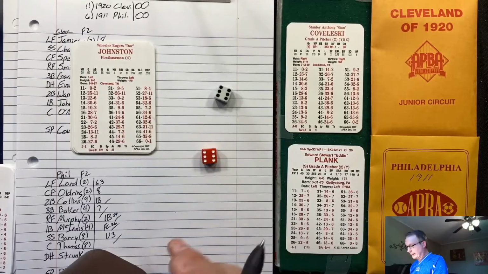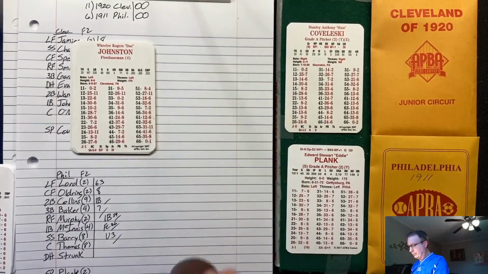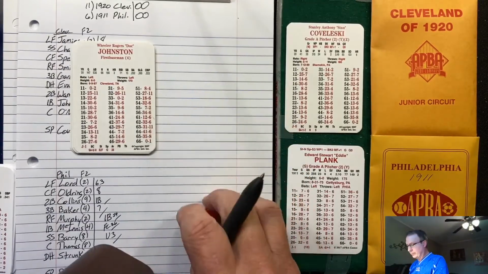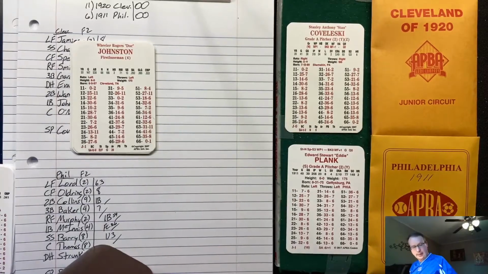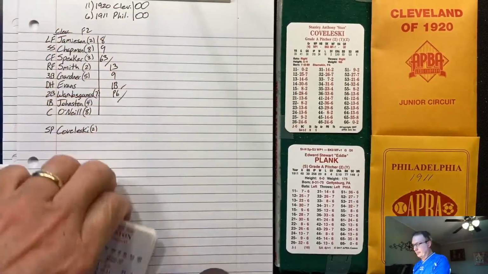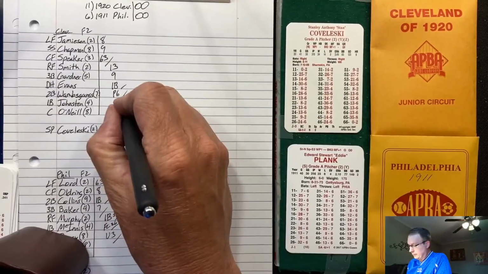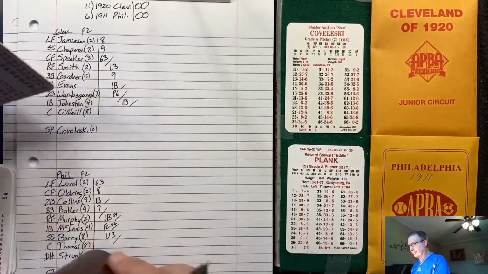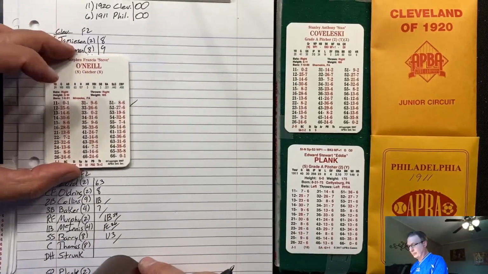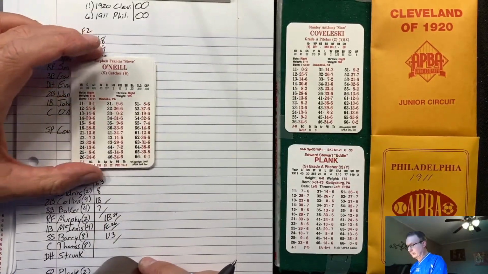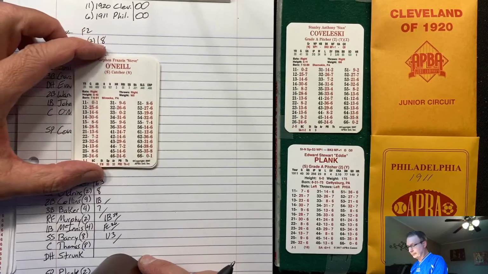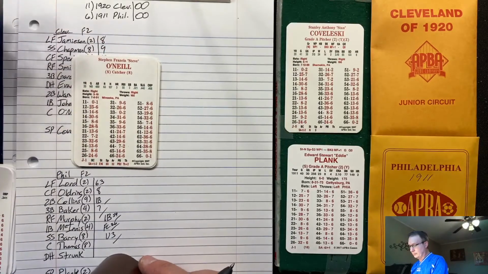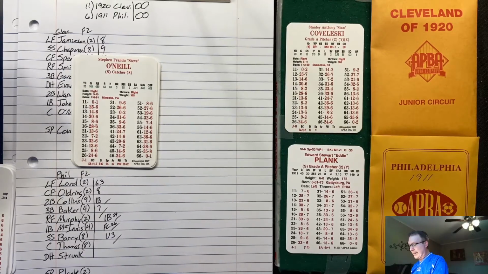Doc Johnston. 66-0. 12. 11. That'll be a single. Wanting something more than that, but that's all they got. It's a single. Brings up O'Neill, Steve O'Neill, the catcher. 321 batting average.